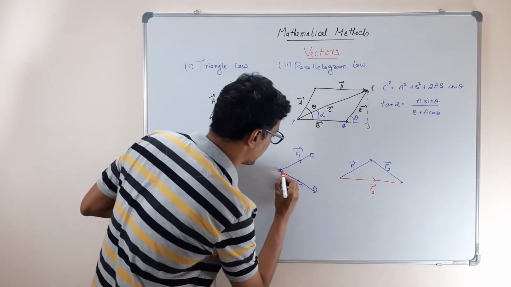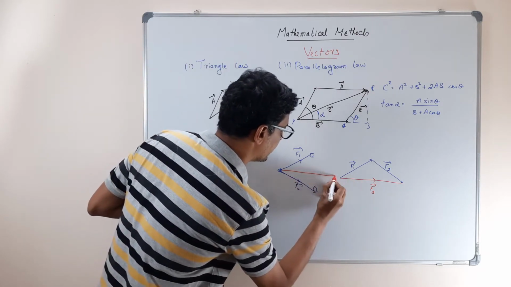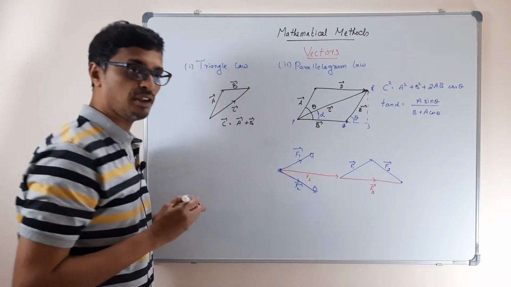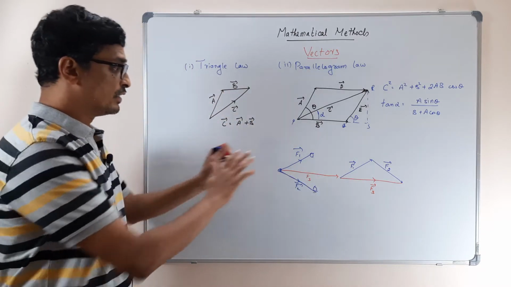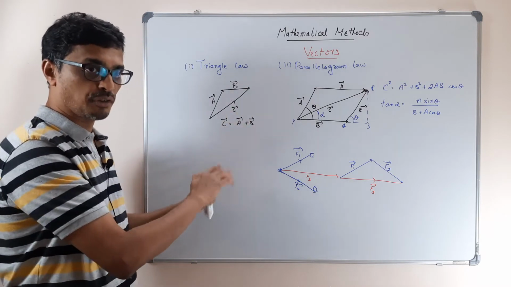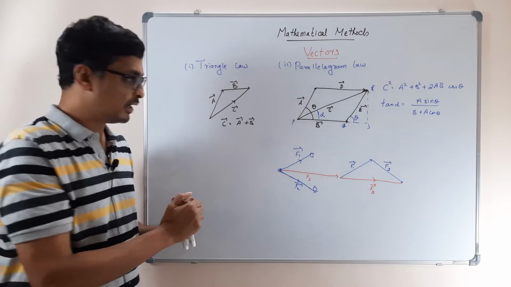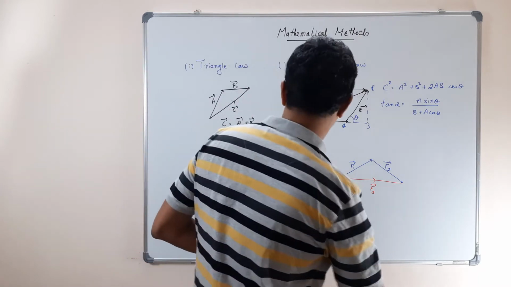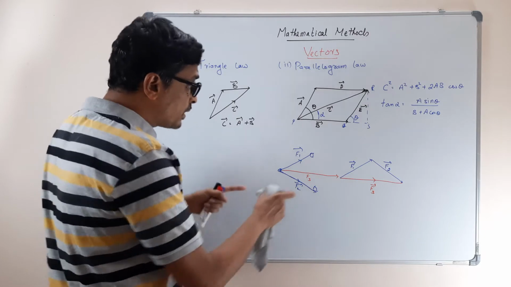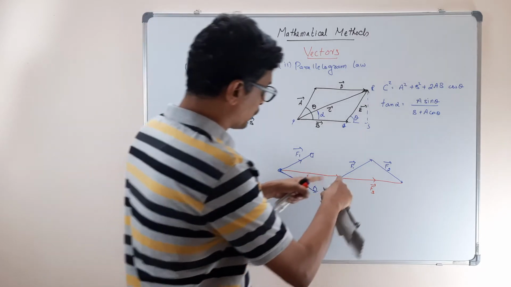This will be the direction, and the length will be something like F3. This is why vector addition is required, to find out the resultant vector.